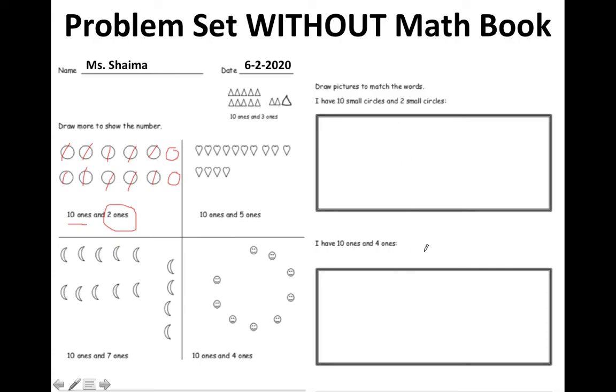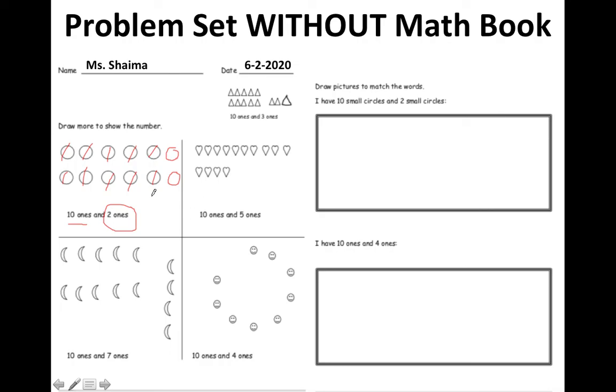Parents, this is a bit of a tricky module, so they will require a little bit more assistance than just adding and subtracting. So please make sure to spend a little bit more time with them, reading them the direction, and just like I modeled one question, make sure you model one question, and then you do one together with them, and the last one let them try by themselves.